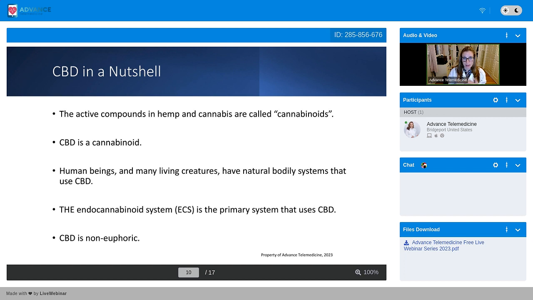Human beings and many other living creatures have natural body systems called the endocannabinoid system within our bodies that use CBD. And CBD is non euphoric, just meaning it's non impairing. Non euphoric makes it sound not fun. But when you use it consistently and feel better, you will be having fun because it feels good to feel good.